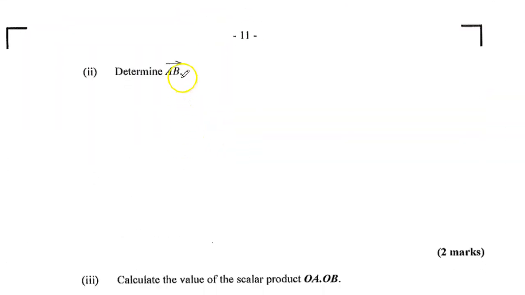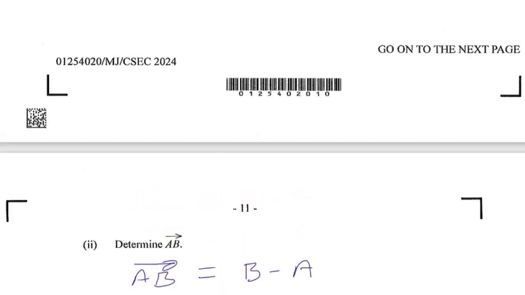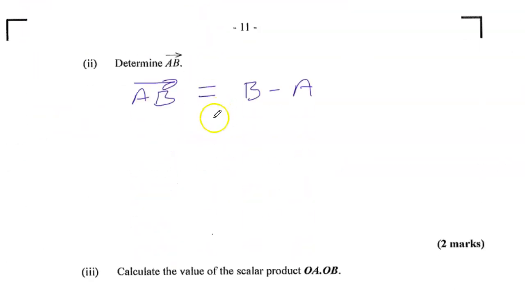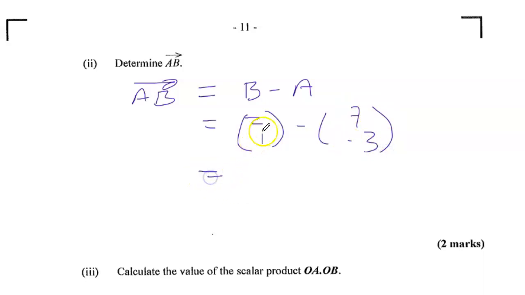Determine AB. So the vector AB, we can just reverse subtract, so the vector AB is B minus A. So B was 2, 1, minus A, and A is 7, negative 3. So 2 take away 7, that's negative 5. 1 minus minus 3, that's 1 plus 3, that's 4.